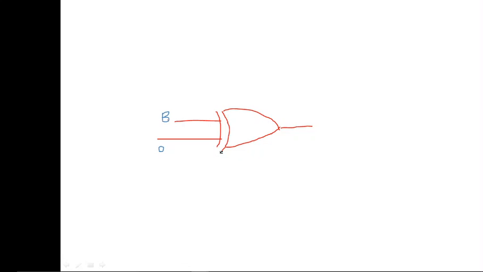So what will be the output of the XOR gate? How to find the output of the XOR gate when one of the inputs is B and the other input is 0?